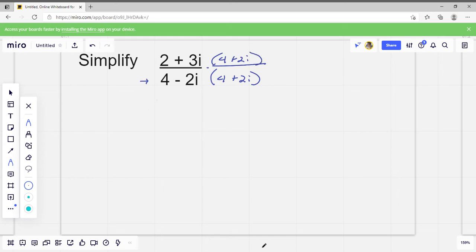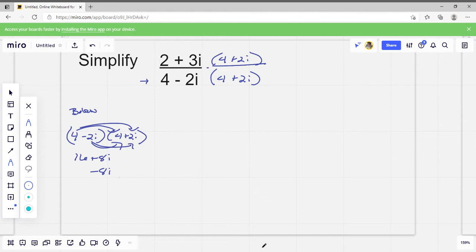Alright, so for our bottom, we're going to say 4 minus 2i times 4 plus 2i. And now remember, these middle terms are going to cancel each other. 4 times 4 will be 16. 4 times 2 would be 8, so positive 8i. That would be negative 8i.